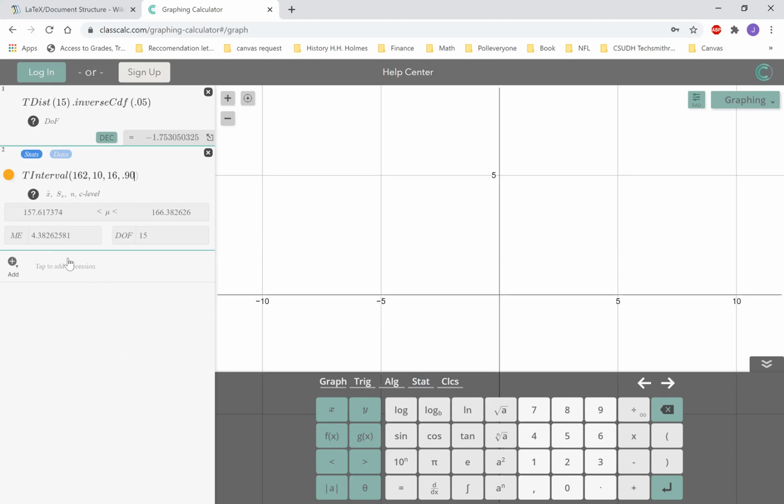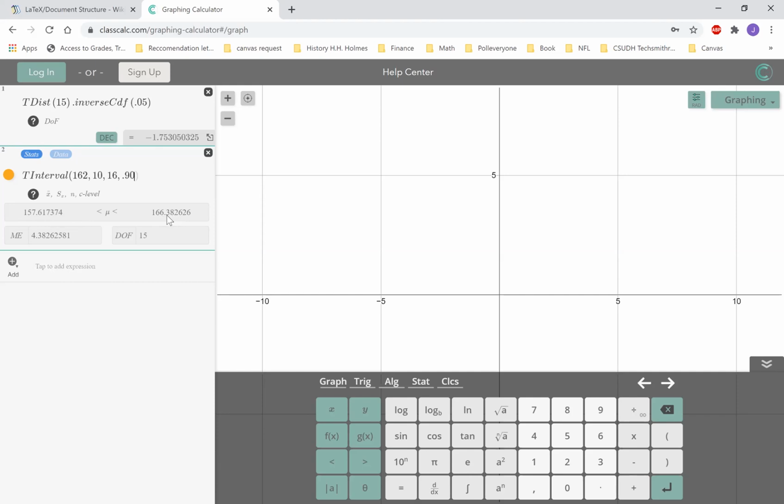All right. So if you look at what class calc is giving us, class calc is giving us 157.617374. If you compare that to what we got, 157.6, you know you're on the right track because the answers are pretty similar. If you look at this one, we got 166.38.